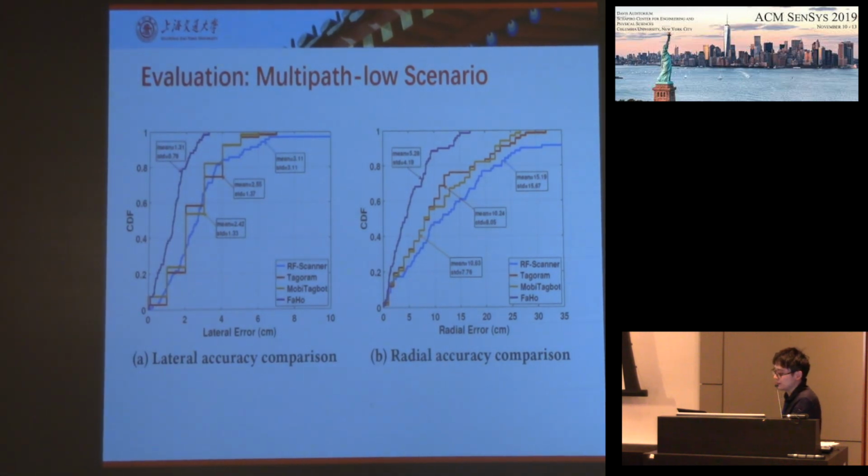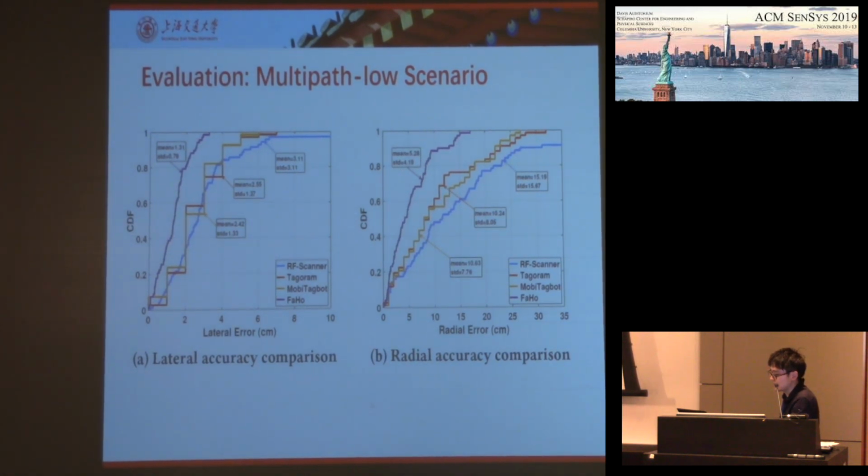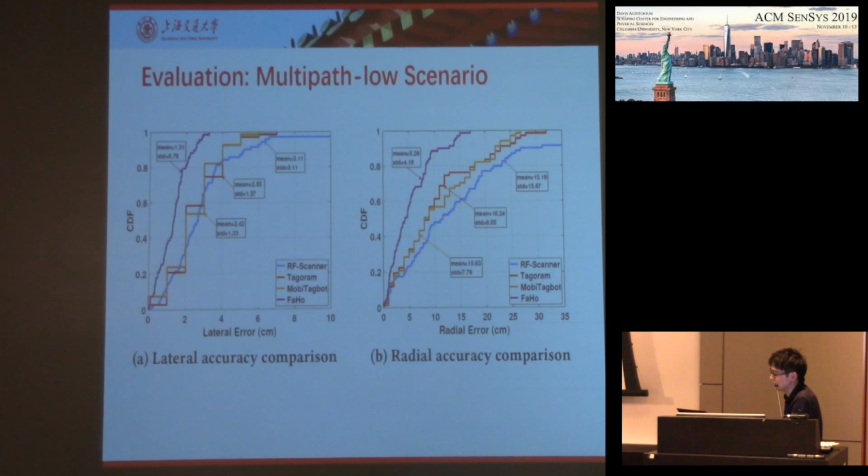Besides FaHo, we also implement many state-of-the-art systems such as RFID scanner, Hologram, and Multipath-rich. We compare the accuracy of all these systems, and the CDF plots of the localization error in the two directions demonstrate that our system achieves much better performance compared to the other systems in the multipath-low environment.